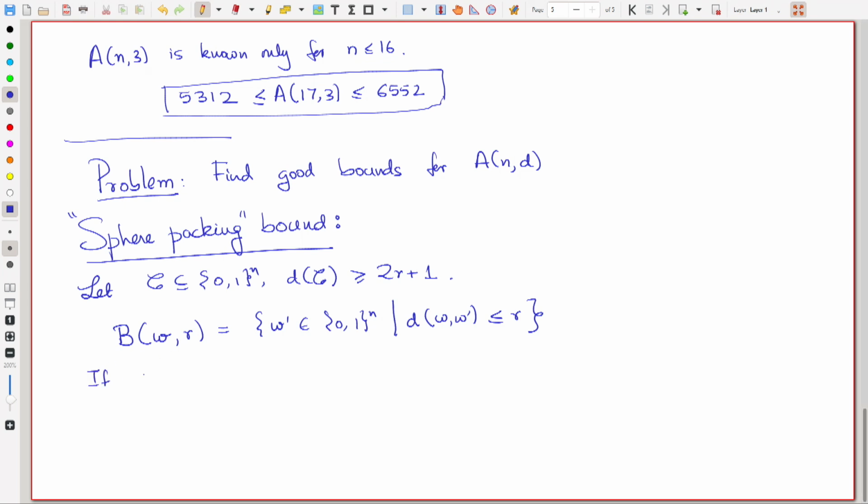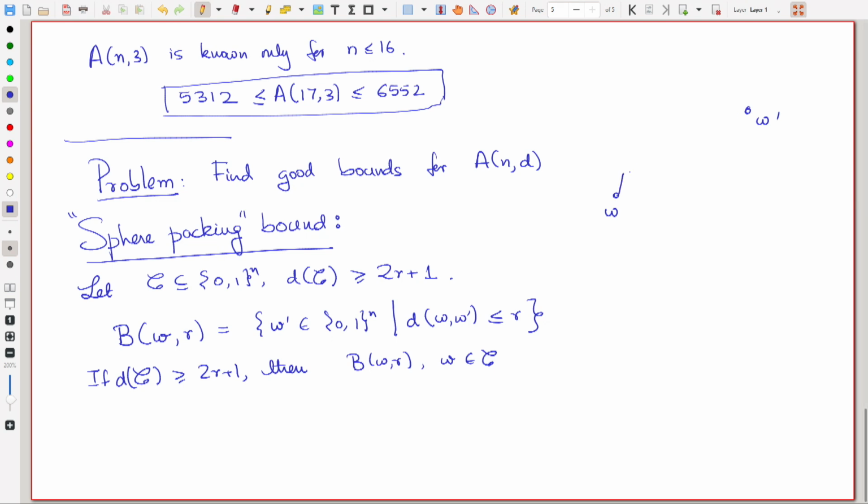So if d(C) is greater than or equal to 2r plus 1, then the sets B(w, r), w in C, are disjoint. So if I take w1 and w2, two distinct points in C, right, then they will be disjoint because I have w and I have w prime and the distance.